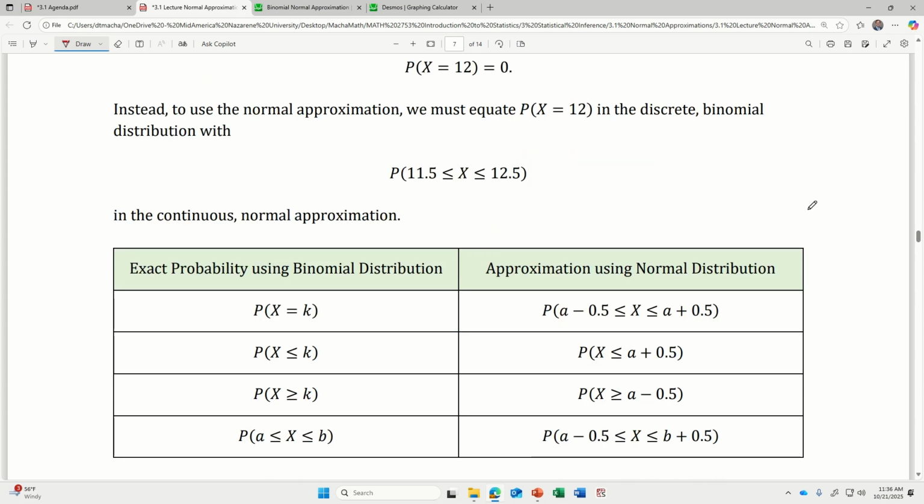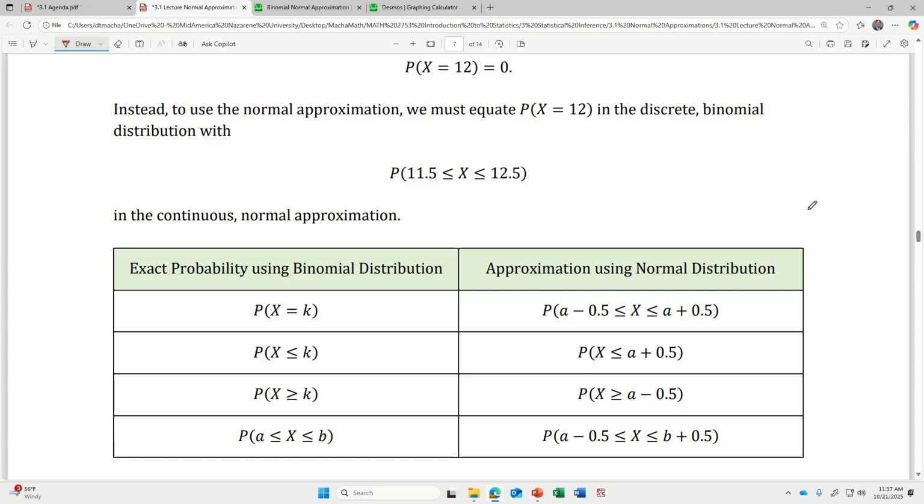And so we end up having these rules. If I'm using the exact binomial distribution, this is how I would discuss it. These are the symbols that I use to represent the probabilities. What if I want to approximate those probabilities using the normal distribution? Well, now I've got to kind of pad all of the edges.